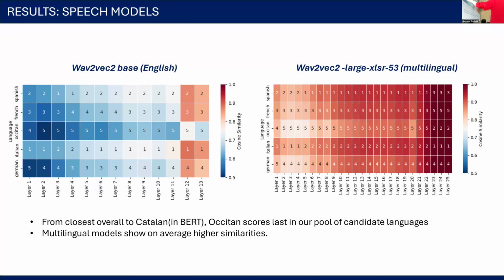Italian in the English one tends to be first. It is also first in the early layers in the multilingual Wave2Vec2. We actually find that German scores closer to Catalan than Occitan does for the most part. So yes, we see that the picture is starting to change.